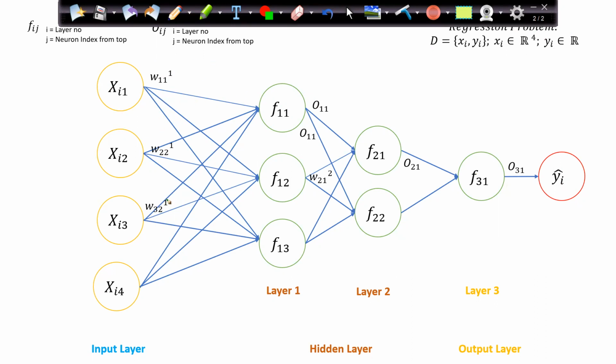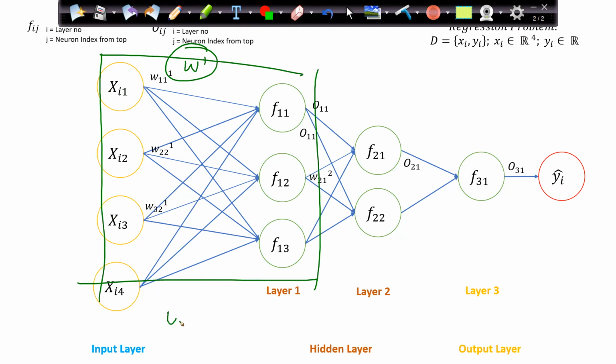So if I see how many weights are there, at this first part of the network, I will have 4 cross 3 weights. We have 4 inputs and 3 different neurons in the first layer.